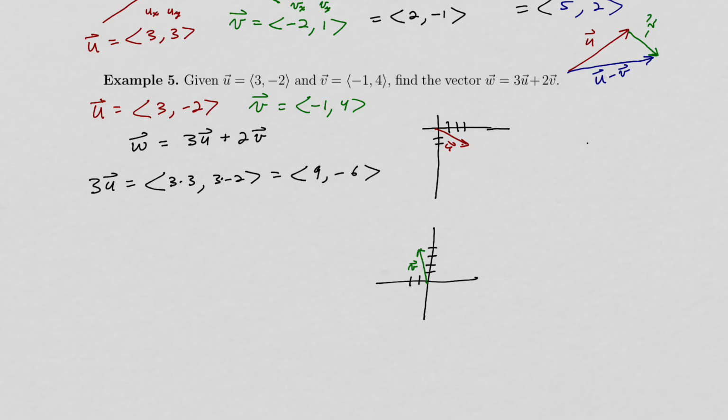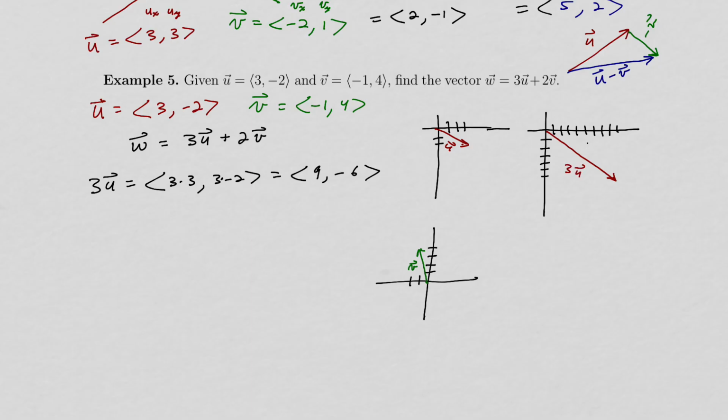Okay, if I were to draw that, it would look like this, right? It's basically going to be the same direction as u, but 3 times as long. So it'll look something like this. Right, so this is like 3u.